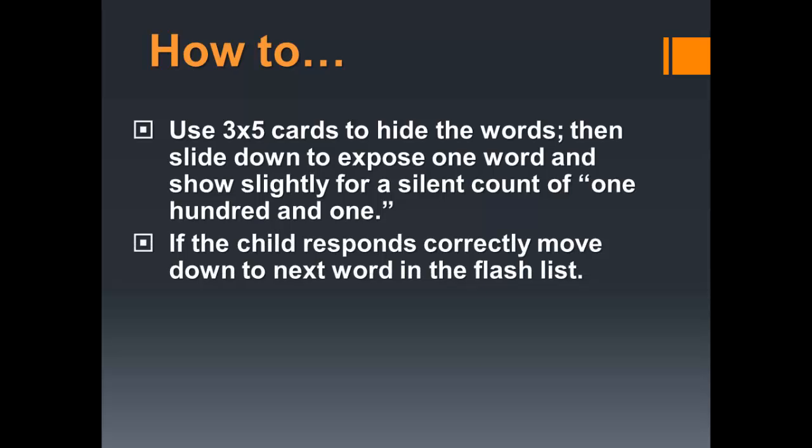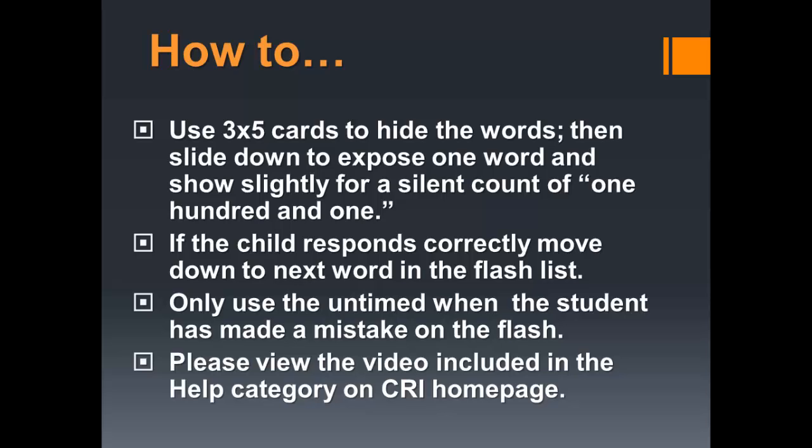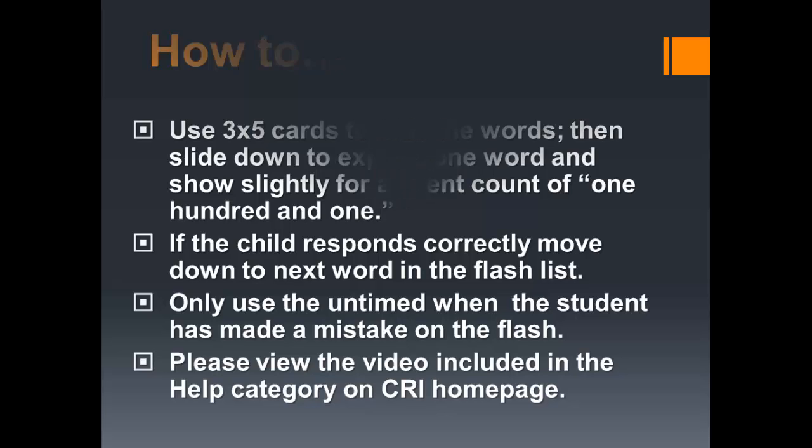If the child is correct, you move to the next word in the flash. You only make use of the untimed presentation when an error was made on the flash. Now, folks, please, if you have any questions whatsoever, there's a video that's included in the Help category on the CRI homepage, the last category on that homepage.